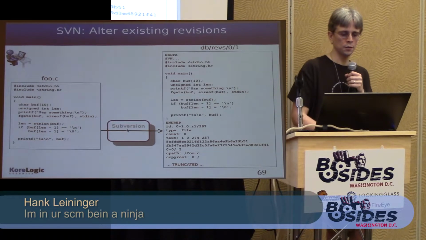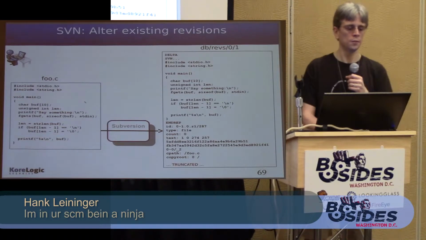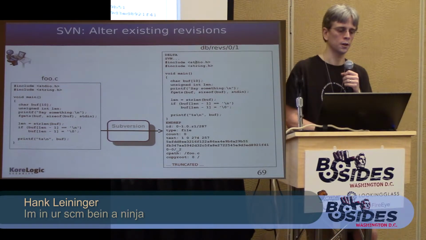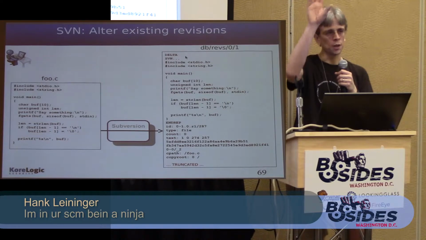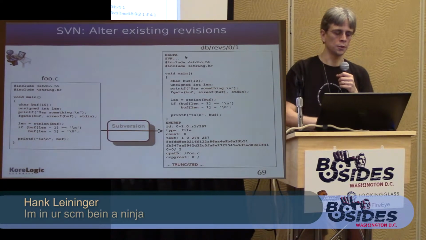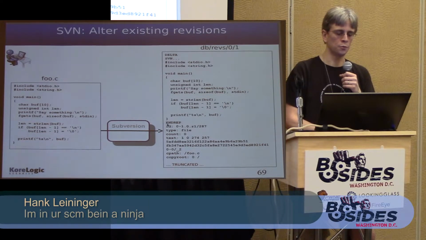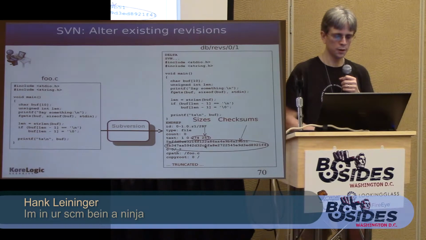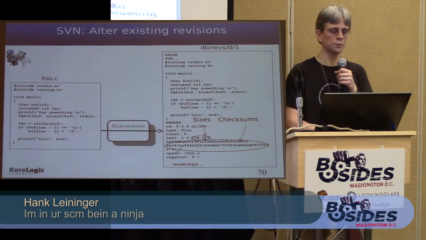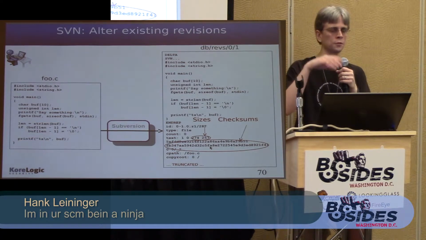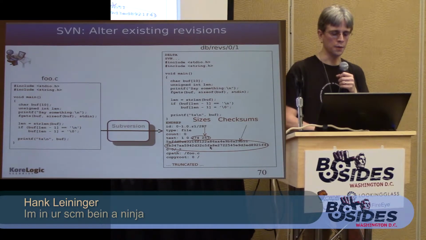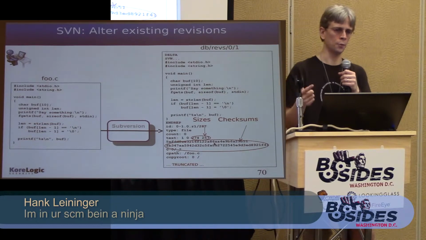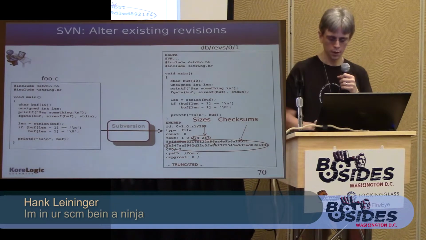So what gets written onto the repo when you commit code like this, a revs file gets created that contains delta SVN header goop, the payload of the change, and then some trailing goop of metadata about the change and whatnot. Now, that metadata includes the size of the patch file, the size of the patch file plus some of its metadata, and then checksums, MD5 sum and SHA-1 sum of the payload.